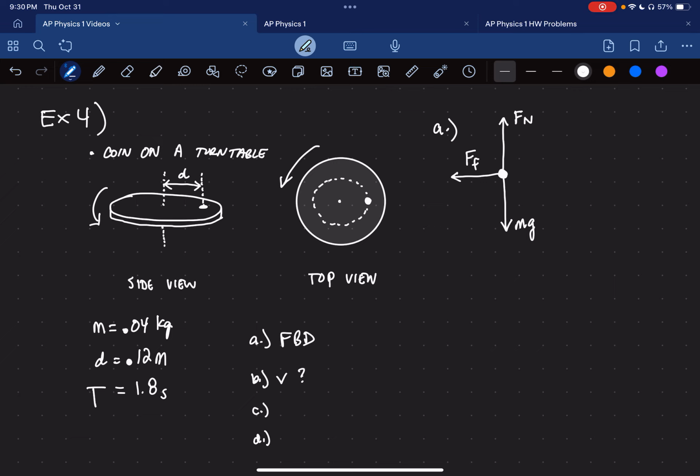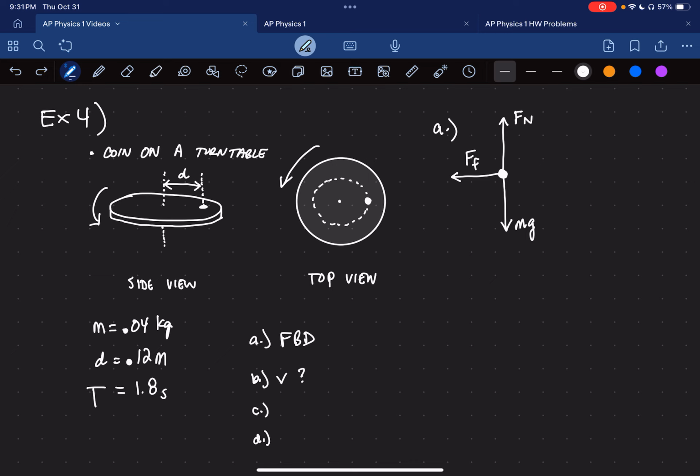To think about that, you can suppose that there was no friction. What would that coin look like? It would look like one of two things. If the coin was already moving in a circular path and all of a sudden the friction went away, at this point here, the coin would move off in this direction with some speed. If there was no friction, it would just slide off.